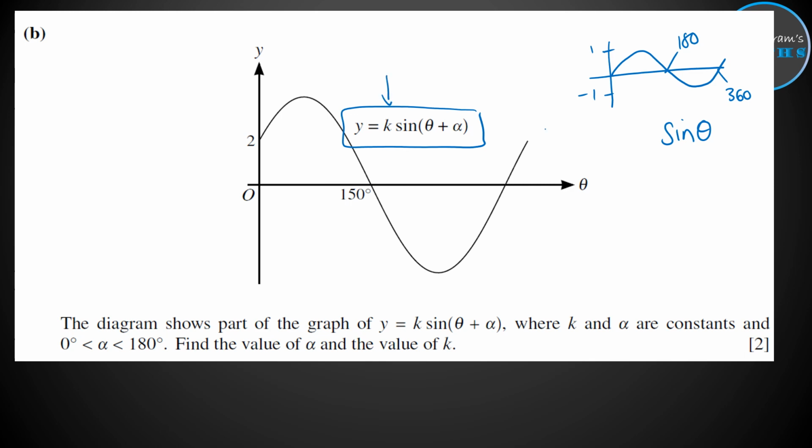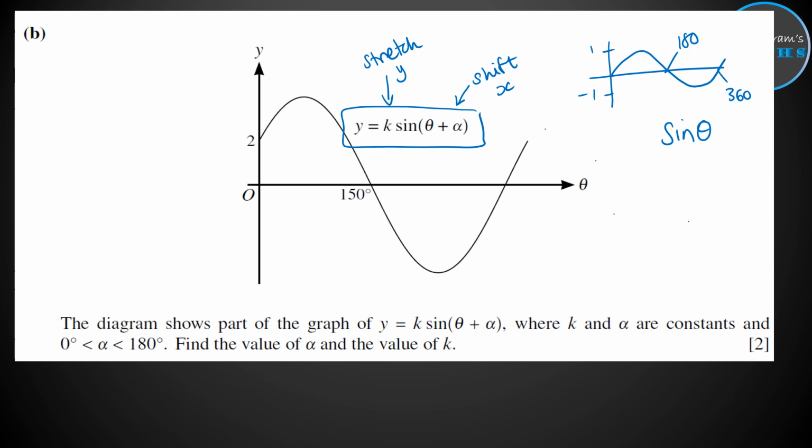So the k is all about a stretch. We've got a multiplier there, it will stretch the graph, and this one will go in the y direction. Inside of the function, we've got an addition of alpha. This will be a shift. If we're adding or subtracting something, it's a shift, and because it's inside the function, it will be in the x direction.